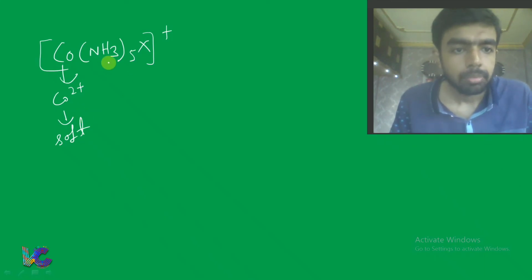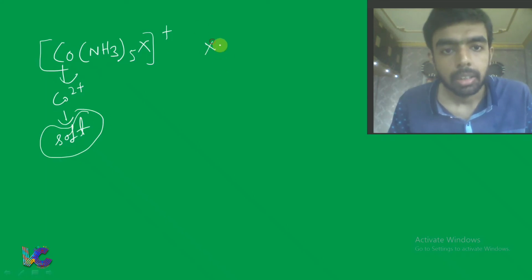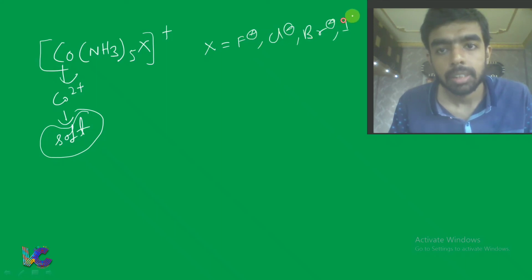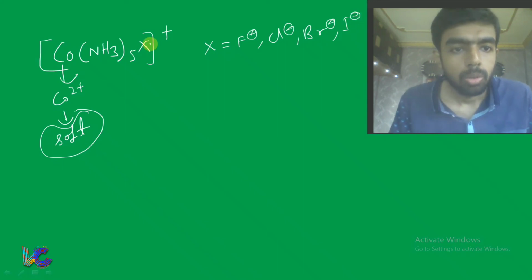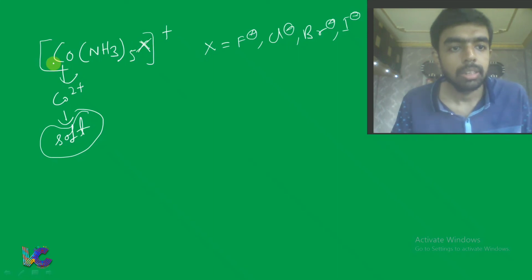And as Co2+ is soft, now X is F-, Cl-, Br-, and I-. Now you have to tell when this [Co(NH3)5X]2+ will be more stable and when it will be least stable.